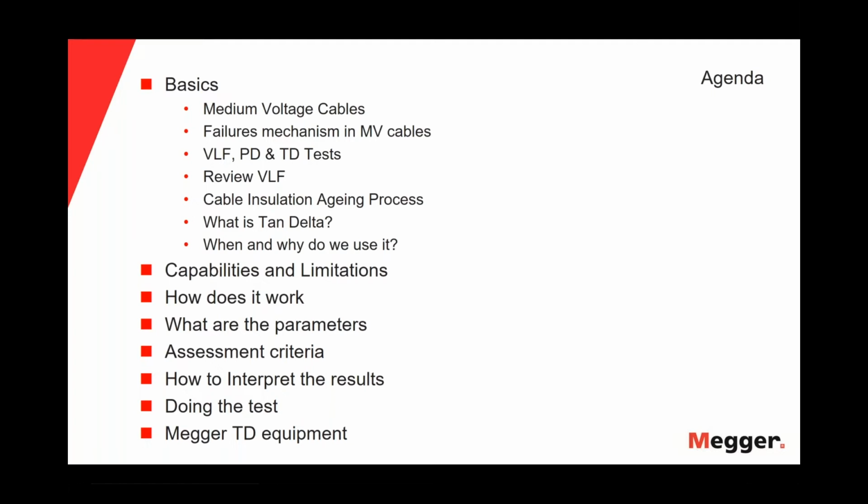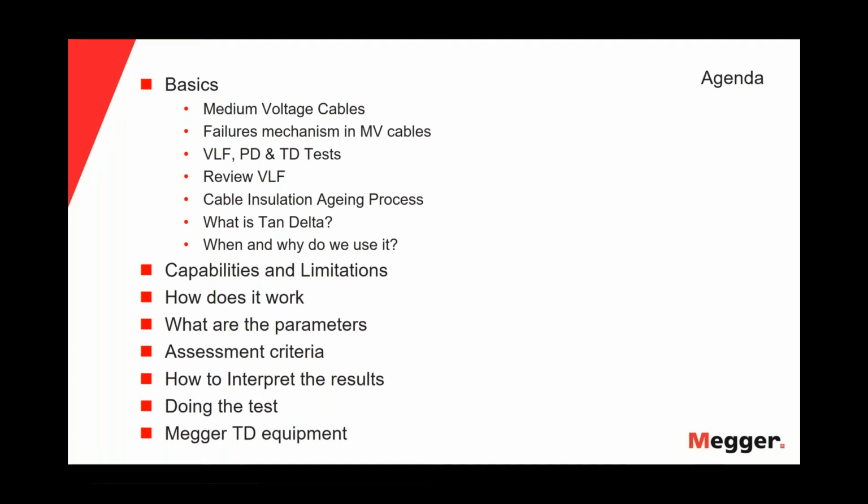Then we will see what we can see and what we cannot see with the tan delta. That means the capabilities and limitations. And then we will move to how does it work, what are the parameters involved in the tan delta, the assessment criteria for the tan delta, and finally we will go to how to interpret the results, how we do the tan delta test, and finally the tan delta equipment that we have in Megger.